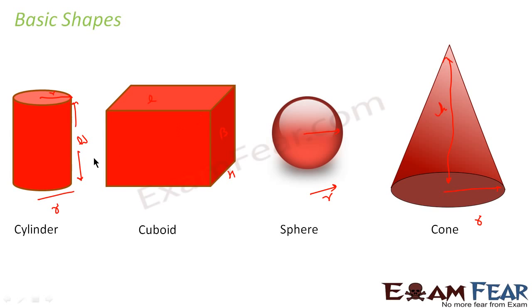And cylinder, a lot of things you will see cylinder, any cups, the horizontal cups you see, or the electrical wires, they are generally cylindrical. So there are so many examples of cylinder, cuboid, sphere and cone in real life. These are the basic shapes we will be using to find surface area and volume.